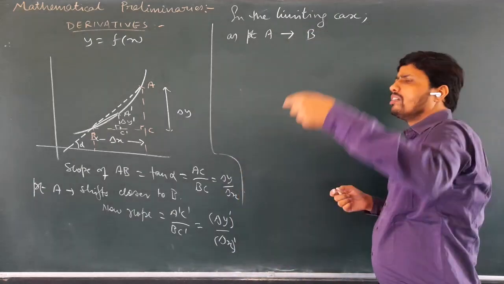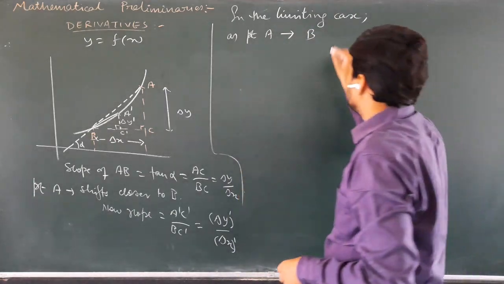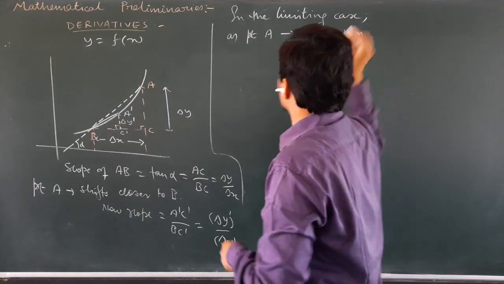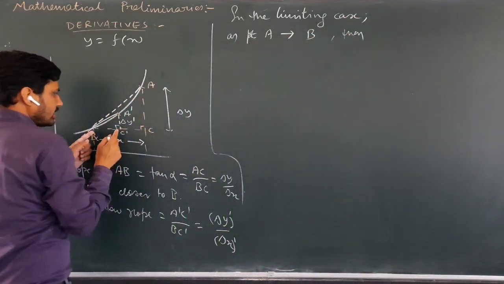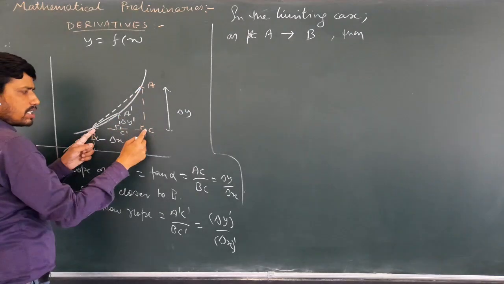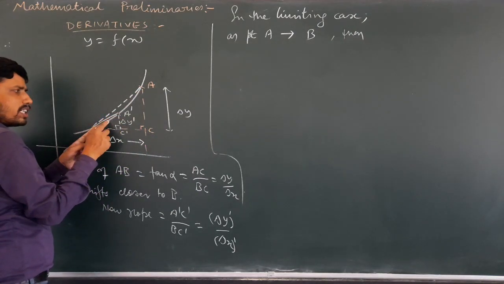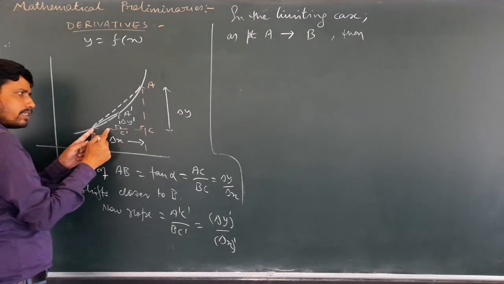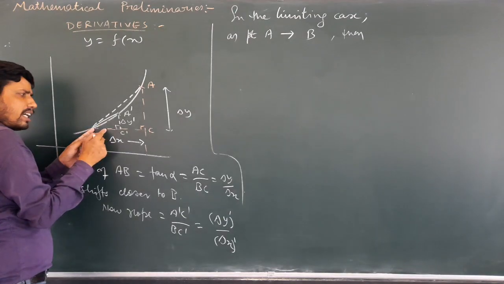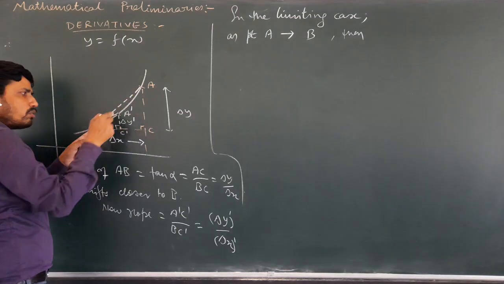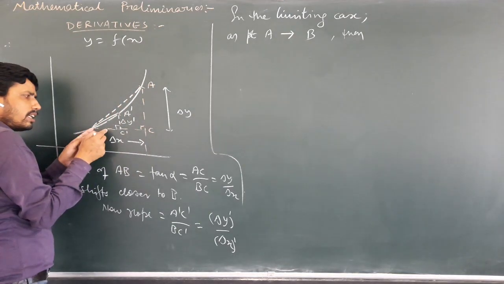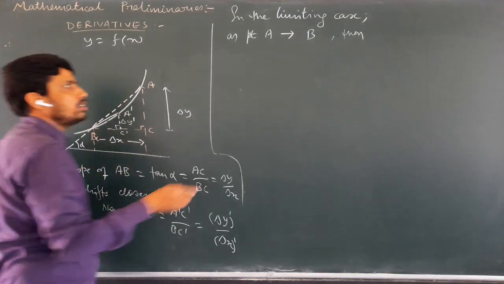Point A approaches point B. Then what will happen to delta x? You see, earlier this was delta x. Then for this point, this is delta x. If this point comes here, delta x will further become less. So delta x goes on decreasing. When this point will almost touch this point, delta x will almost become 0.